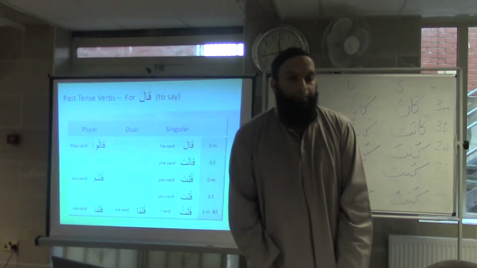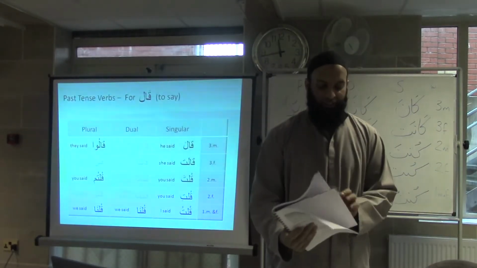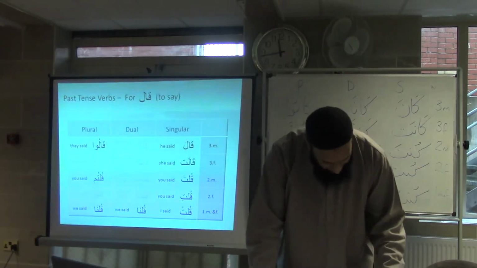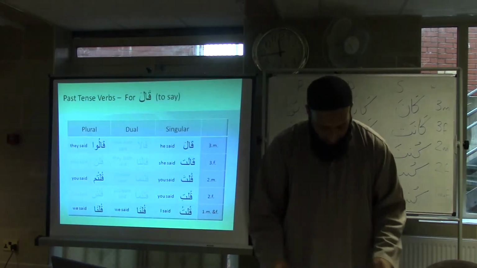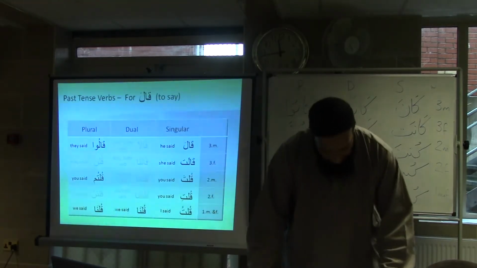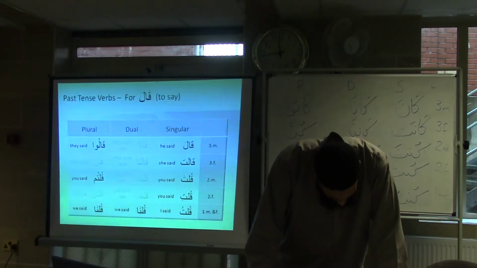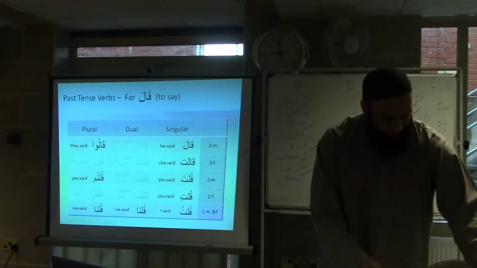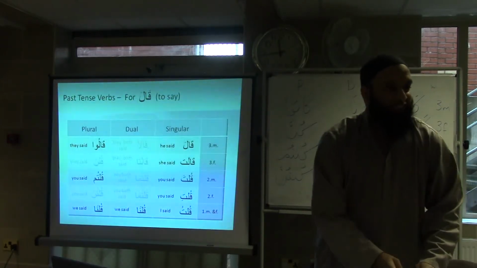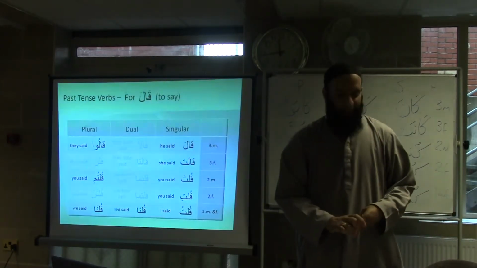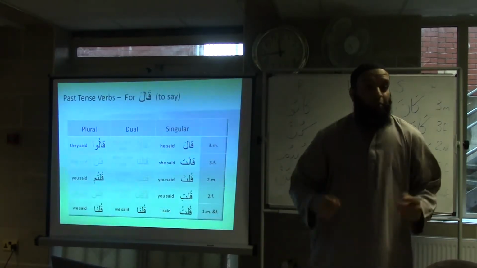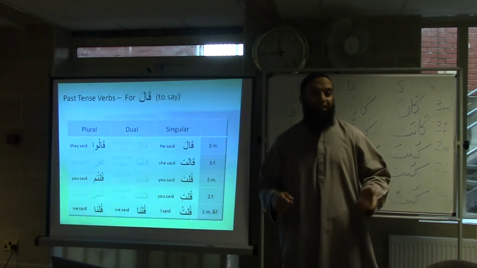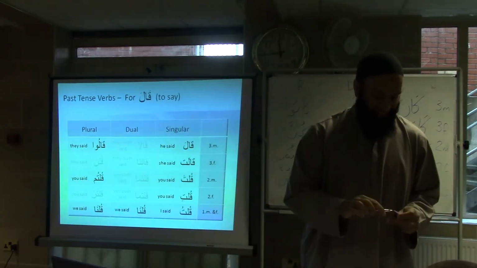I'll point out one printing error in this one. Kunna, kuntum, qultum, on page 62. On line 3, when you go on kana, they put down qultum in plural number 3. Who else saw that? That's when I did a copy and paste and made the kana table, I left that one out, which was incorrect.